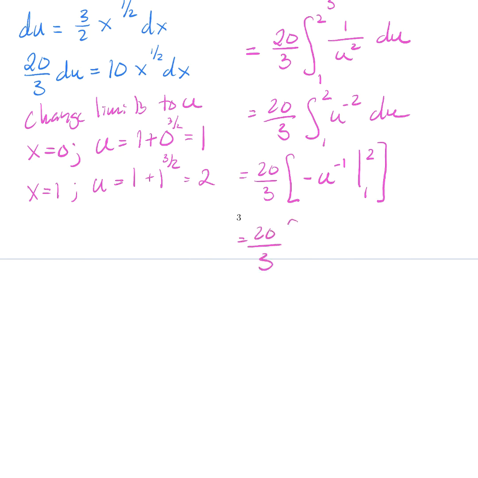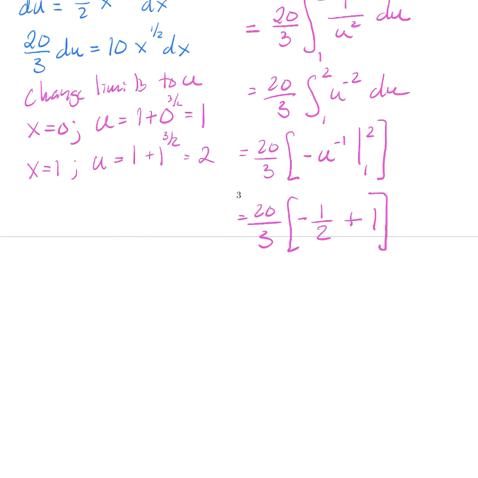So 20 over 3 times negative u to the -1, which is -1 over u. So when I evaluate that at 2, I get -1/2. Minus a minus gives me a plus, and when I evaluate that at 1, I get 1. So that thing in parentheses looks like 1/2 times 20/3, or 10/3 square units.